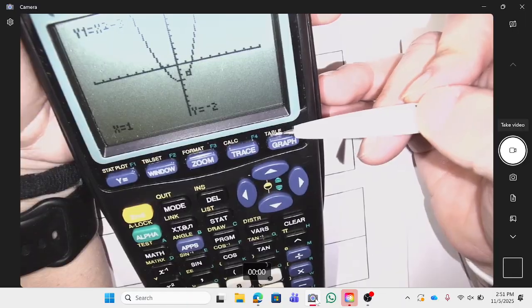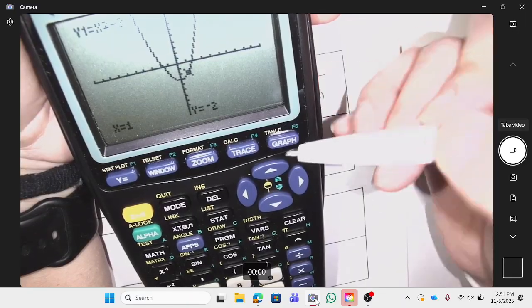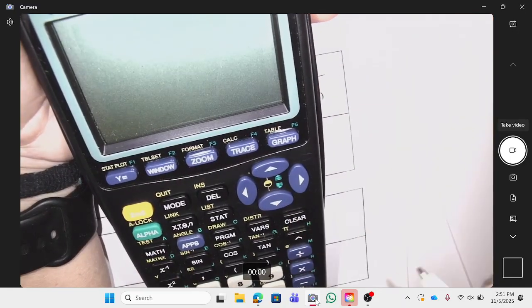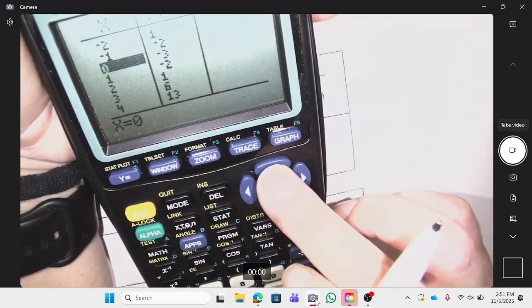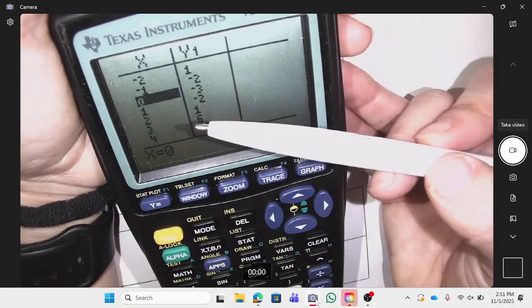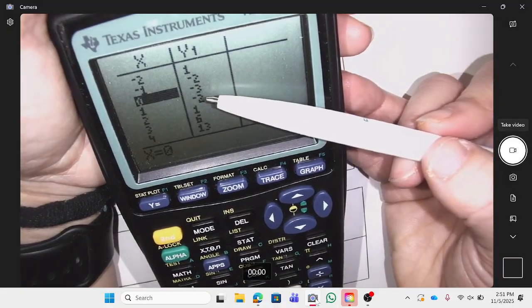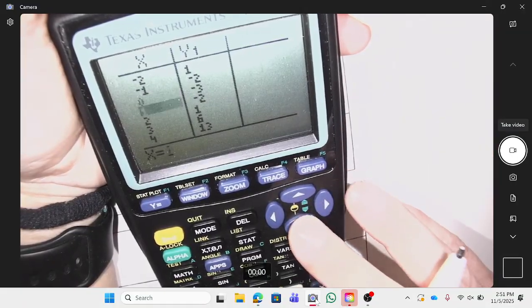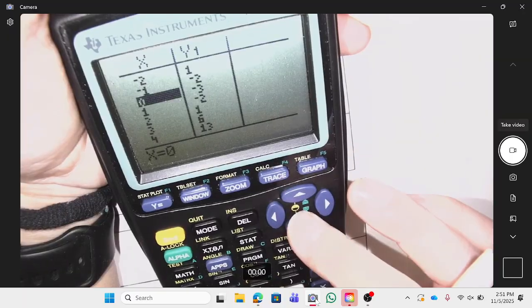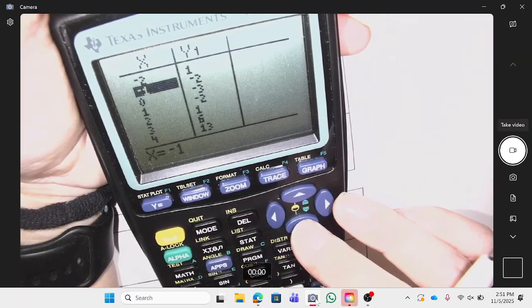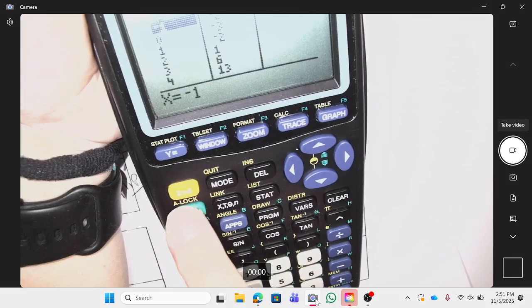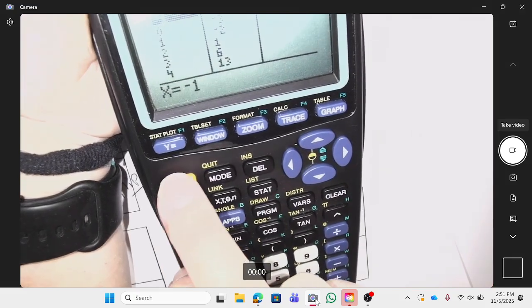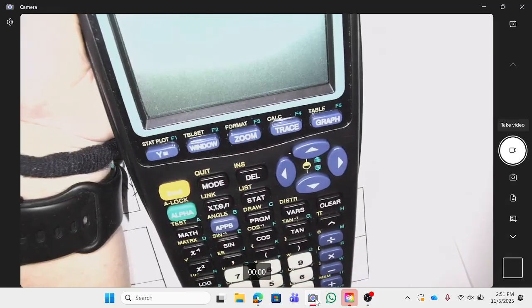So do you understand I have to push yellow graph because it's yellow? So second graph, and here's the table of values. So we already knew 0, negative 3 was a coordinate. 1, negative 2 is another coordinate. Okay, so these are a bunch of coordinates that are on this graph as well. How do I go back? I'm going to hit quit. So I have to go second mode to quit.